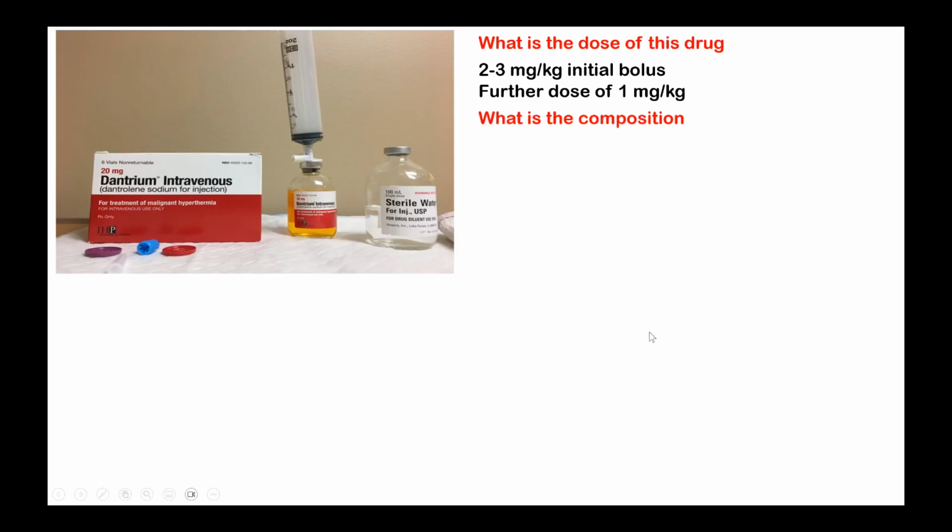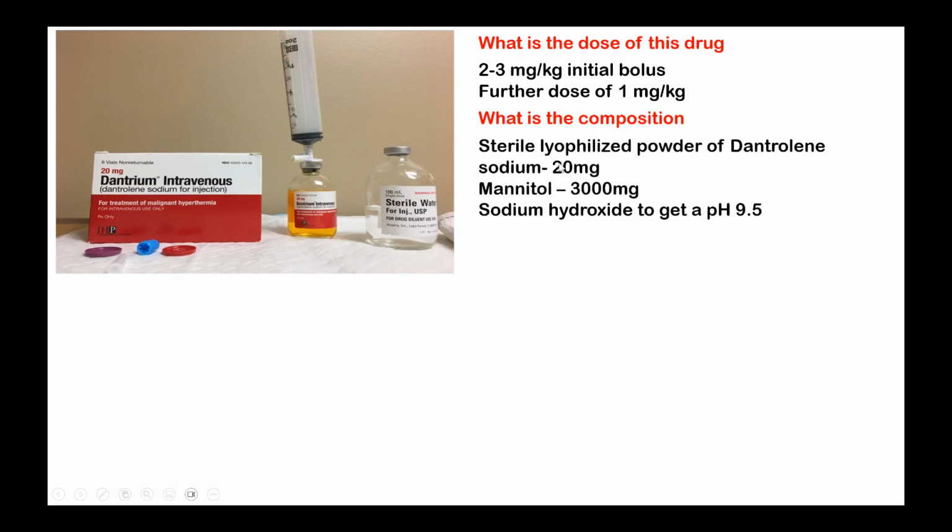What is the composition of this drug? What are all the components present in the drug? It is a sterile lyophilized powder of dantrolene sodium, 20 milligram per vial. You can see here it is written 20 milligram, so each vial contains 20 milligram.